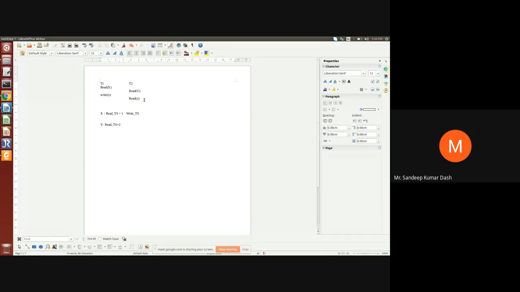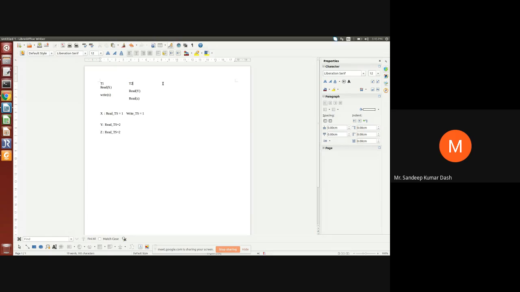Then at clock cycle 3, these things will still be there. Only the write timestamp of X will be set to 1. Similarly, for Z, the read timestamp will be set to 2. Got it? So whichever transaction is reading, that will be set.